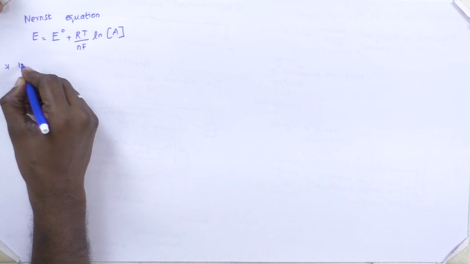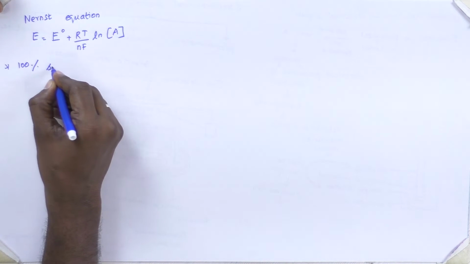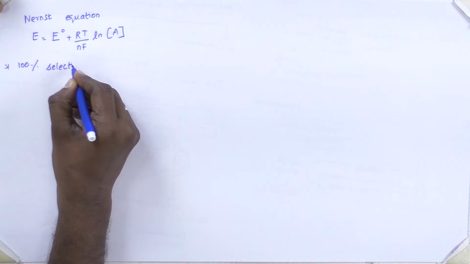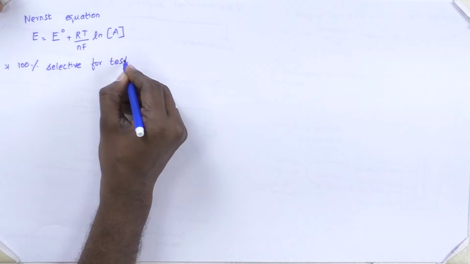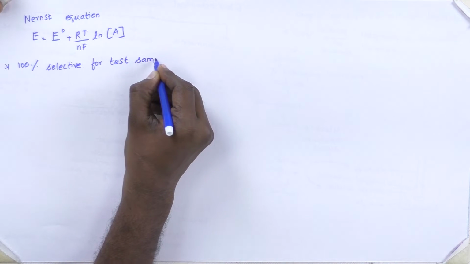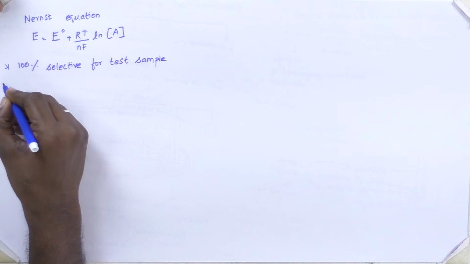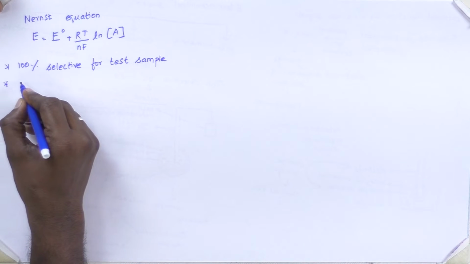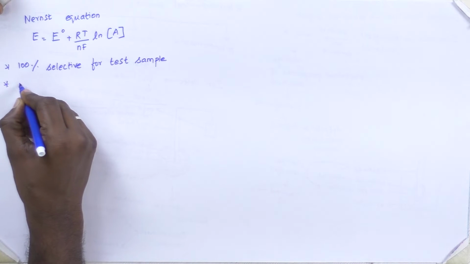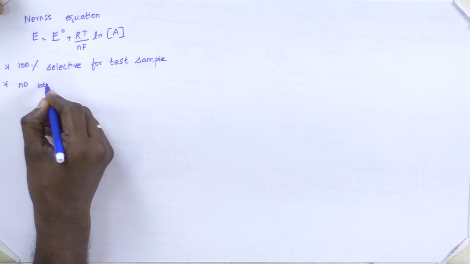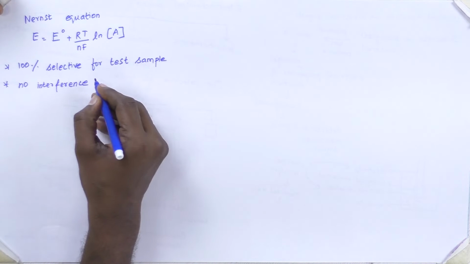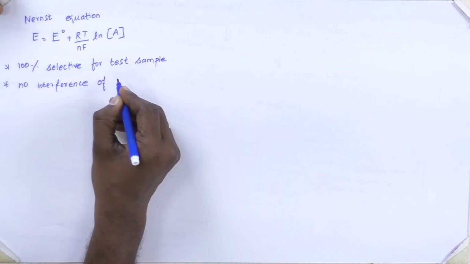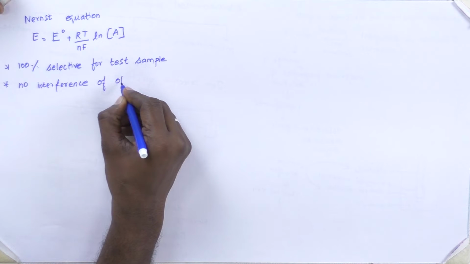The electrode must be 100% selective for the test sample, and there should be no interference of other ions.